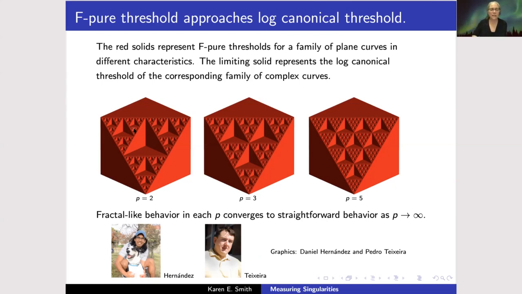Basically, each point on this fractal surface is the F-pure threshold of a curve in characteristic 2. And if I look at the corresponding point over on this one, it will be that same curve viewed in characteristic 3, and on this one, the same curve in characteristic 5. And what we see is this fractal-like behavior as we go through the primes, but it is converging to some straightforward behavior as P goes to infinity.